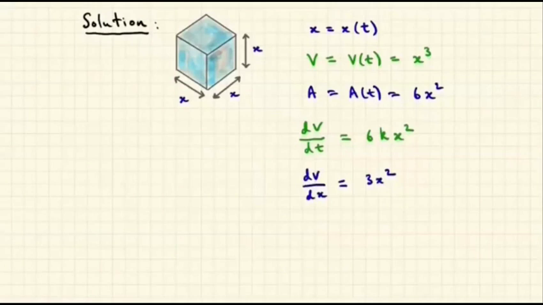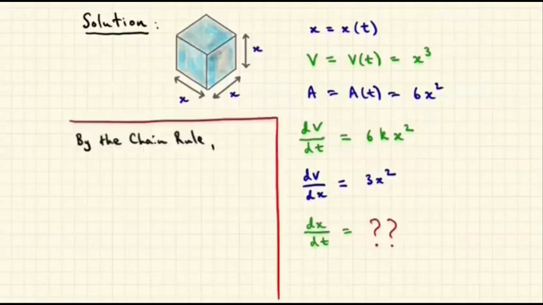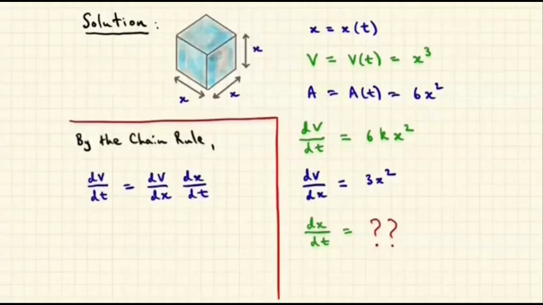The link between this and the other derivative is the chain rule, which in this case says that dV/dt equals dV/dx times dx/dt. But dV/dt is 6kx squared and dV/dx is 3x squared. So this says that 6kx squared equals 3x squared times dx/dt.